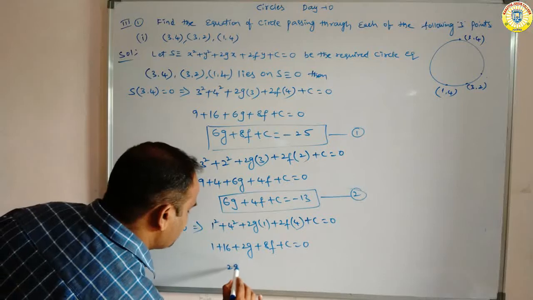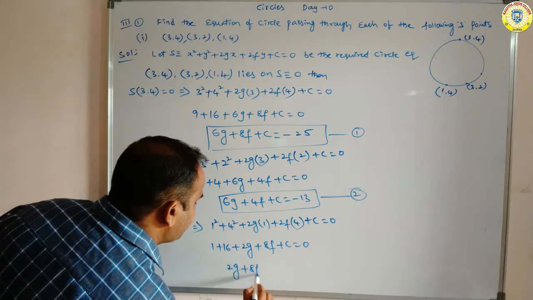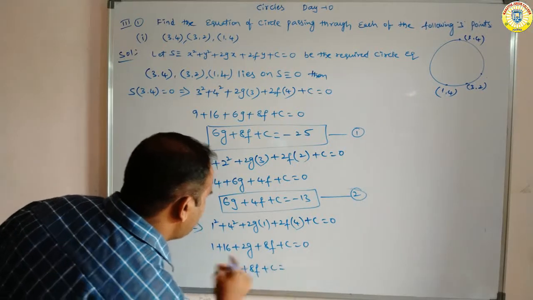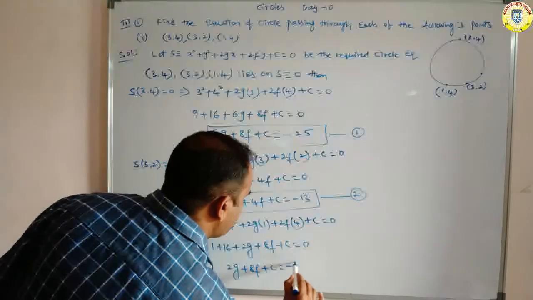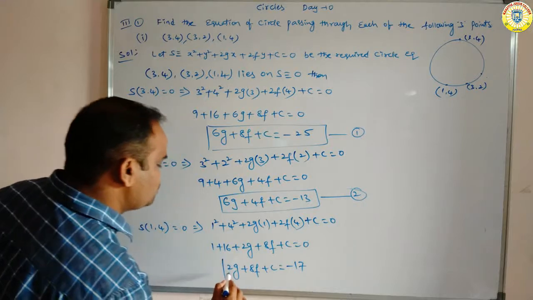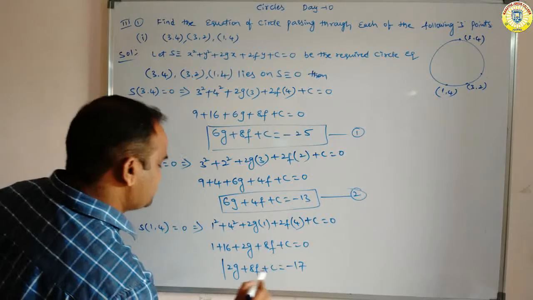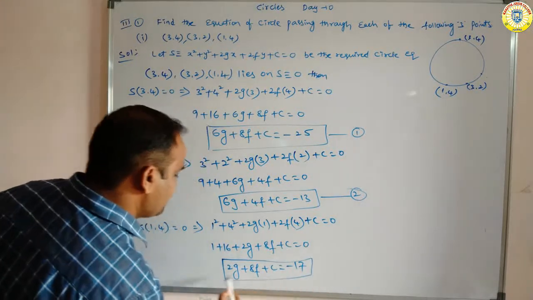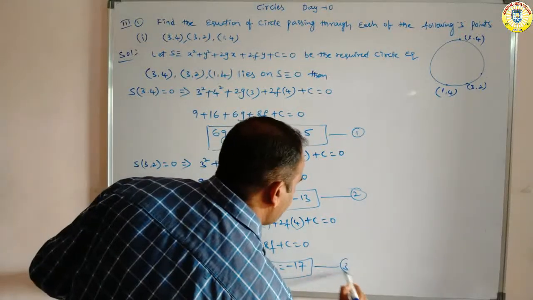So 2g plus 8f plus c is equal to 1 plus 16, which is 17. Taking it to the right side, minus 17. 2g plus 8f plus c is equal to minus 17. This we are taking as equation 3.